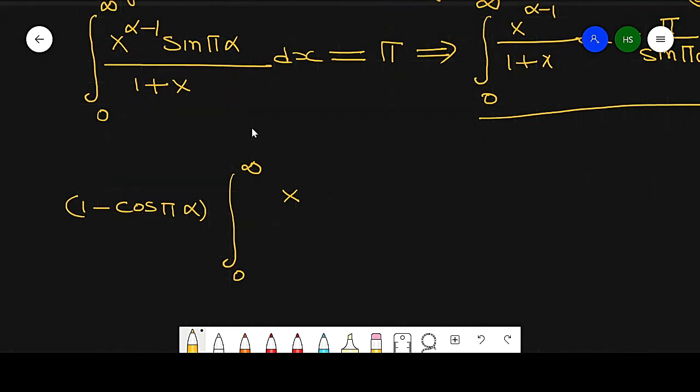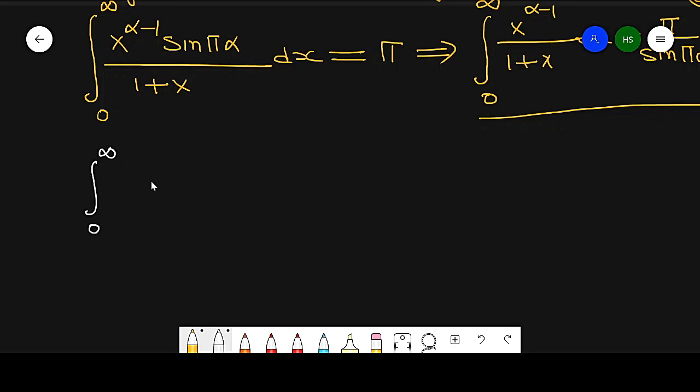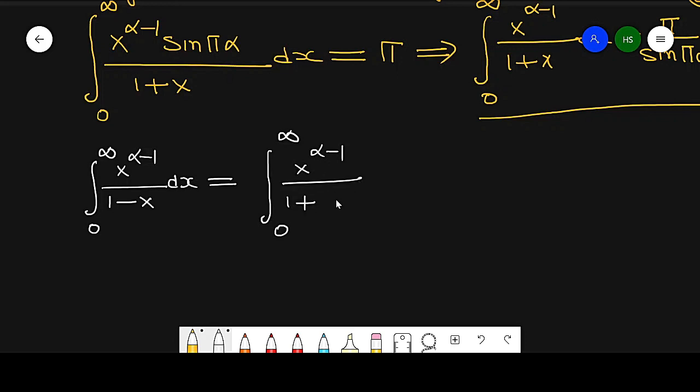The real part is equal to integral 0 to infinity x raised to power alpha minus 1 over 1 minus x into dx, which, because the real part is 0, is equal to integral 0 to infinity x raised to power alpha minus 1 over 1 plus x into dx into cos of pi alpha.